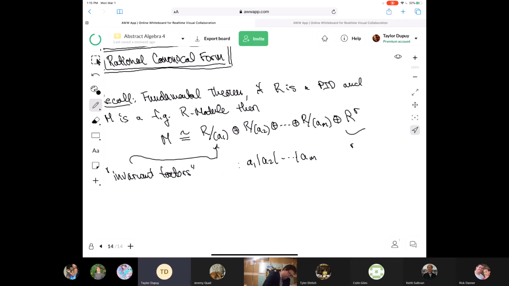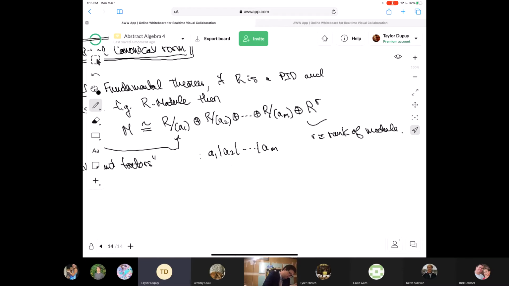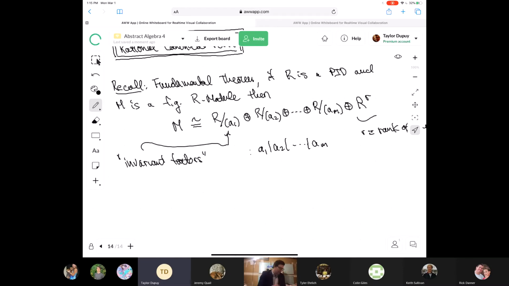This r here is called the rank of the module. I used slightly different notation every time, but it's the same idea: you have a direct sum of cyclic modules, and they have a certain annihilator.